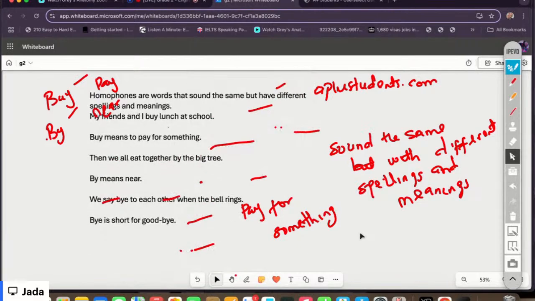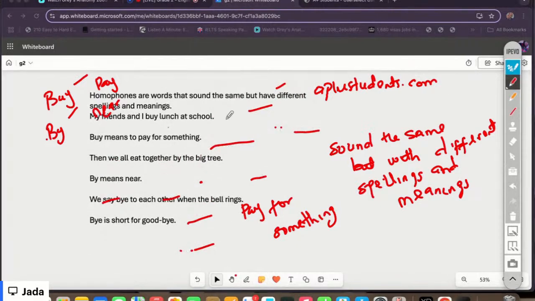So we also have bye. You see that all these three are the same. This bye is short for goodbye. It's like saying, we will see you tomorrow. We also say bye to each other when the bell rings.